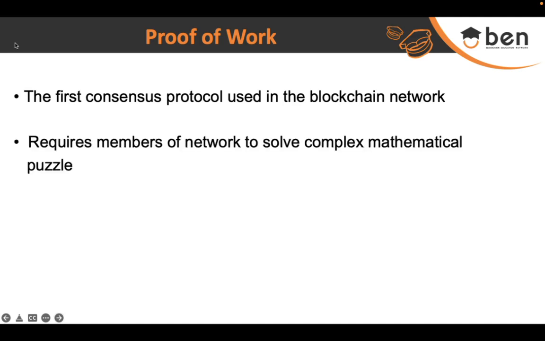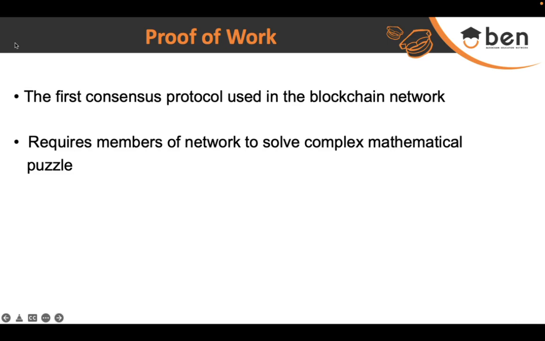What happens in a proof of work consensus protocol is that all the miners, who are the competitors, the candidates who want to add the new block, are required to solve a complex mathematical puzzle. It's actually a cryptographic puzzle, and they have to calculate some hash values.